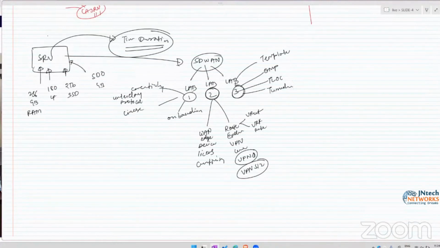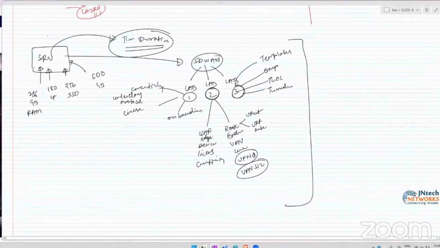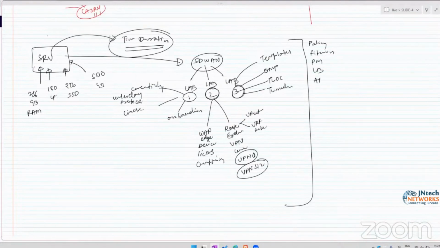Templates, we discuss. After lab 1, lab 2, and lab 3 are done, we start the advanced part. In the advanced part, we discuss policy, filtering, path manipulation, clear? Load balancing, application-aware routing, deep packet inspection, DIA, direct internet access.